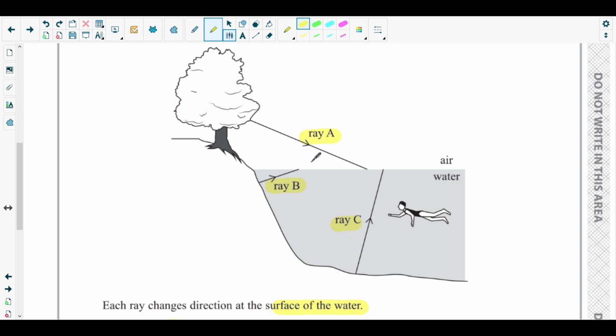At first consider ray A. We can see that ray A is moving from an optically rarer medium to an optically denser medium. As it is incident on the surface of the water, it will get refracted towards the normal, and therefore it will reach the person's eyes.